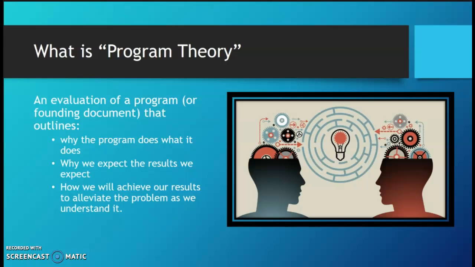This should feel about as clear as mud because until you actually start trying to write up a program theory for an agency, it is quite fuzzy. But essentially, what we're talking about here is that program theory is all explicit and implicit statements, values, and assumptions that serve to guide what our agency is, how it does what it does, and the results that it hopes to achieve.